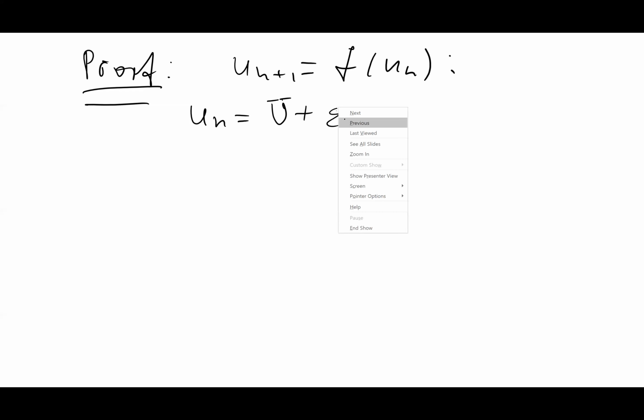So we have U_{n+1} equals f of U_n. Let's consider U_n, which is not far from U capital.